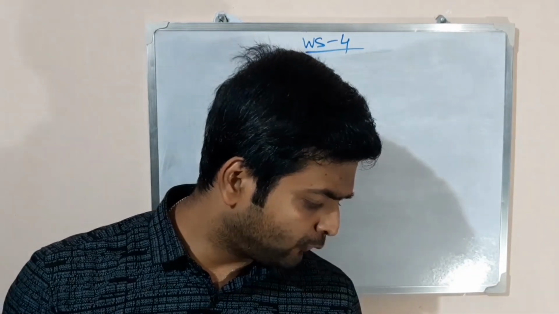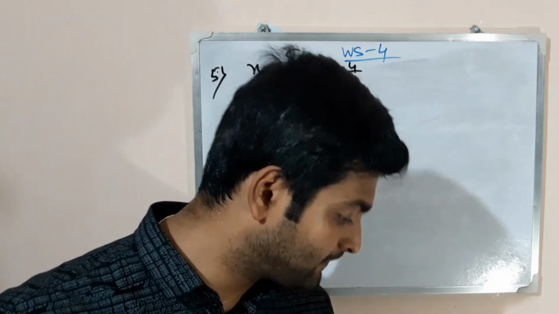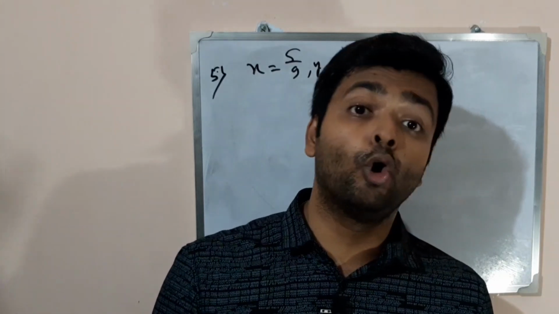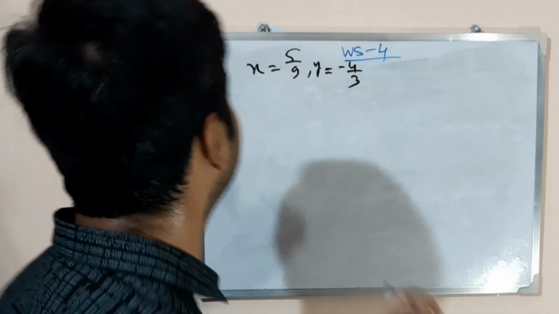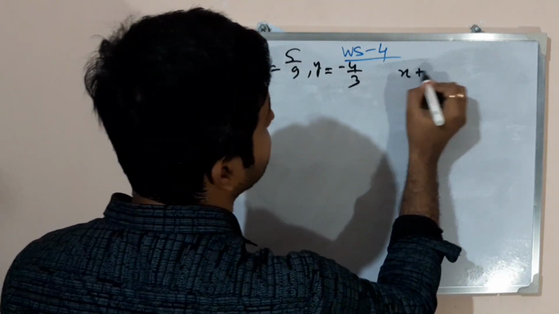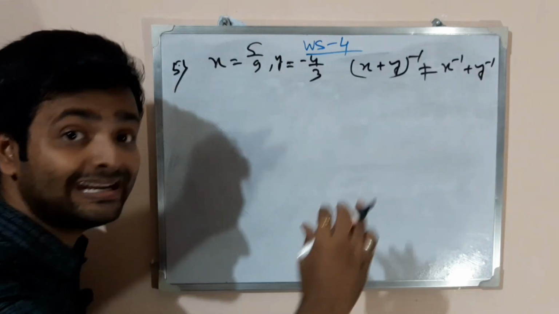Students, question number 4 and question number 5 are similar type sums, so I'll do question number 5. The values have been given, and you have to verify that x plus y whole to the power inverse does not equal x inverse plus y inverse. That means we have to verify this. Let us check. This is the left hand side and that one is the right hand side.